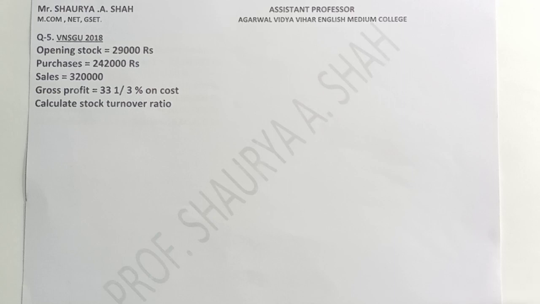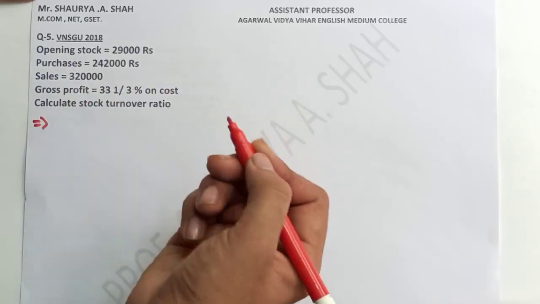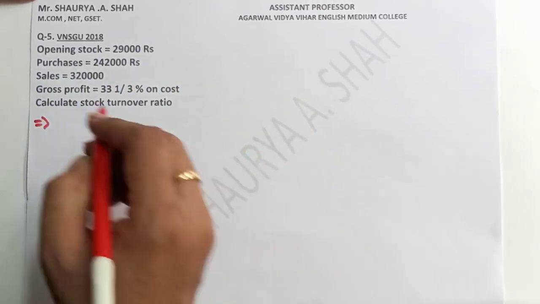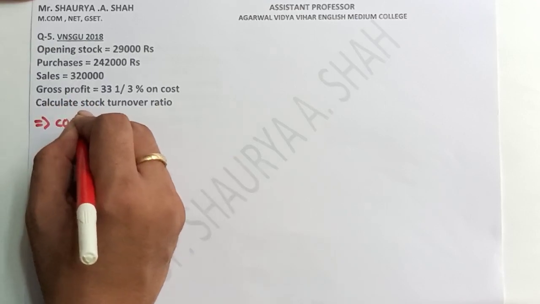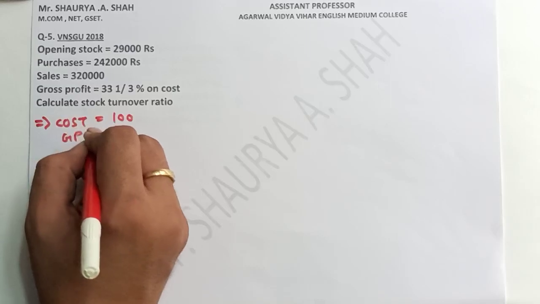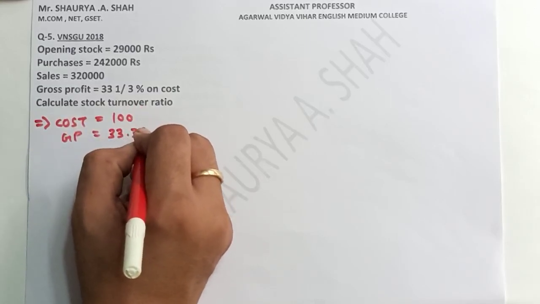Okay, fine. So the very first thing given to you is your gross profit ratio on cost, right? So we will start, students, with the gross profit ratio. What is your GP ratio? 33 1/3 on cost, right? So if I assume that my cost is 100, the GP on that is 33 1/3, means 33.33.